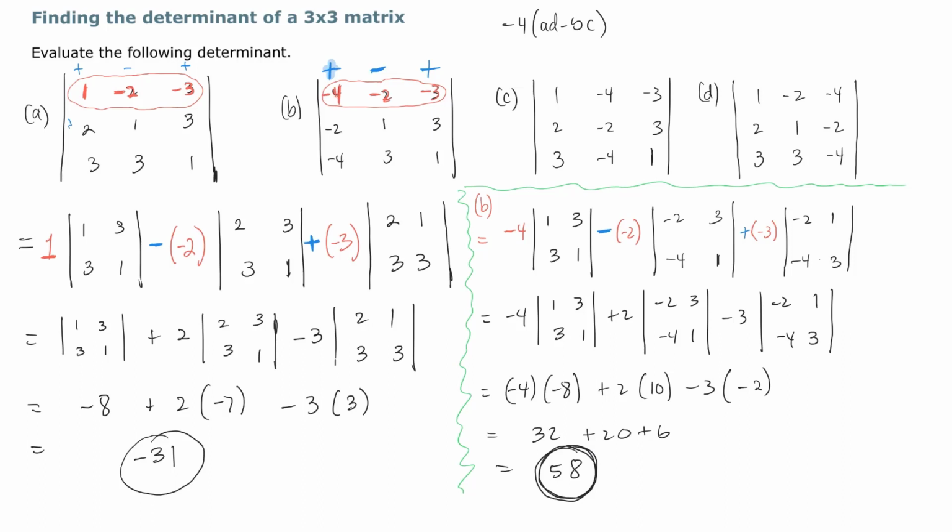All right. That was A and B. Are you ready to do C? You might as well pause the video and give yourself a chance to do C and D. Hopefully you tried parts C and D on your own now.